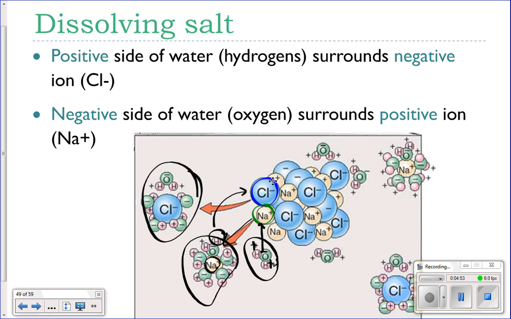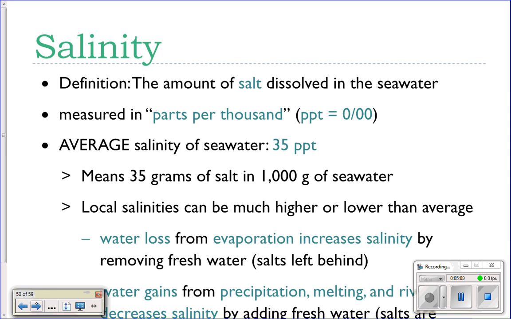So the water creates a buffer so that now the two ions can't get back together, and the salt has been dissolved into the water. So water is very, very good at dissolving things that have some sort of charge to them because it is polar.